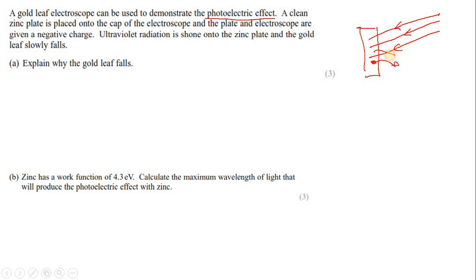And that's exactly what happened here, because the zinc plate and electroscope are negatively charged, that's why you have more deflection. But as ultraviolet light falls upon the zinc plate, electrons are emitted from the plate. That means the amount of charge in the electroscope is decreased. That's why the force of repulsion is decreased, and the gold leaf falls slowly. So that's how you can write it.